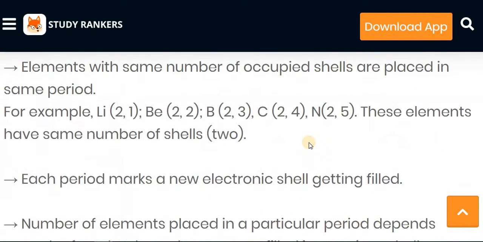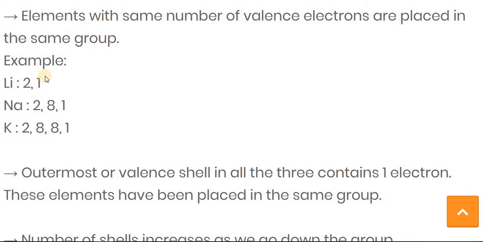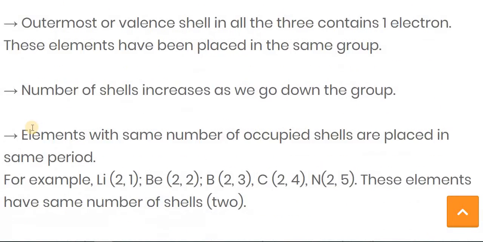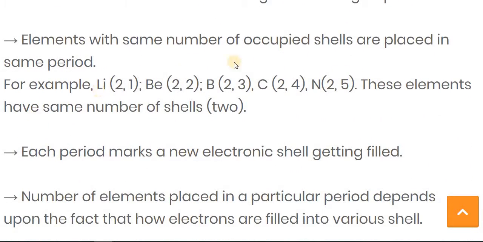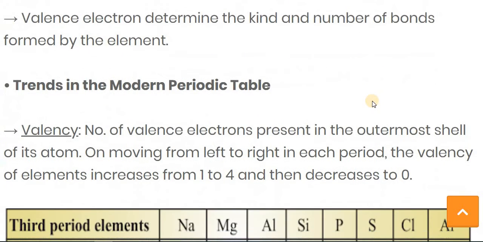We discussed this in the previous video. Whereas in a period, if we move from left to right, the valence electrons increase and then decrease to 0.